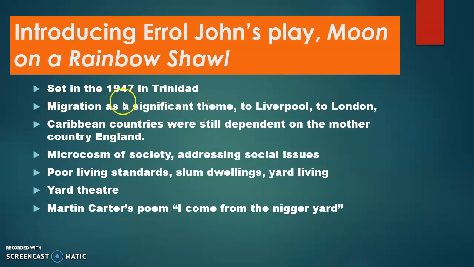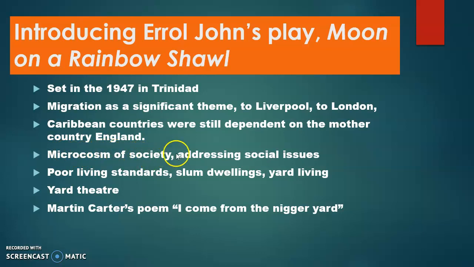Migration is a significant theme. You'll find the destination for migrants at that time was England, London. Ephraim is heading for Liverpool. And at that time, Caribbean countries were still dependent on the mother country, England. And that explains why people weren't going to America.